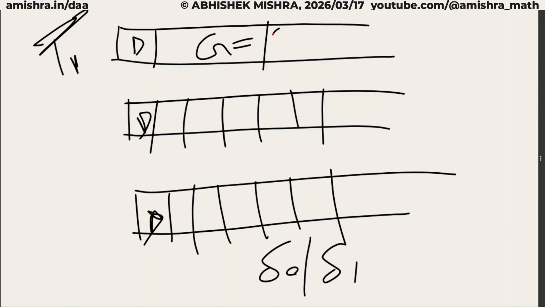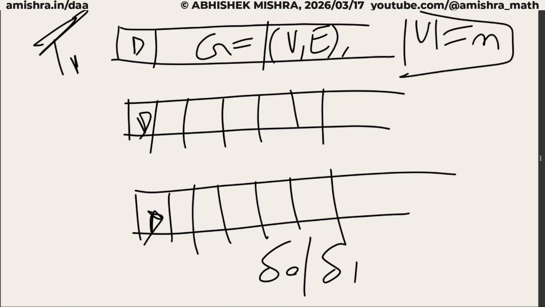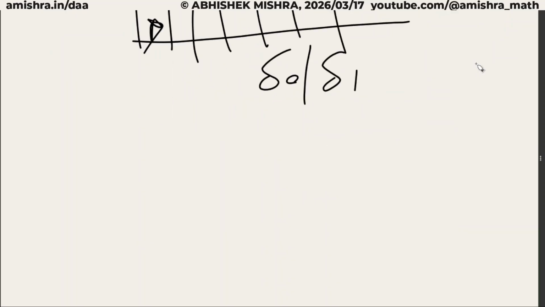For G, we can write the set of vertices and edges, such that the number of vertices is n. Now what should we guess, tell me. The guessing part, so that you can verify it easily. Guess the path itself.